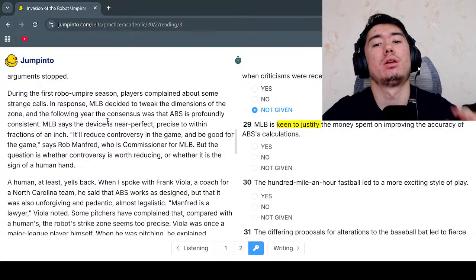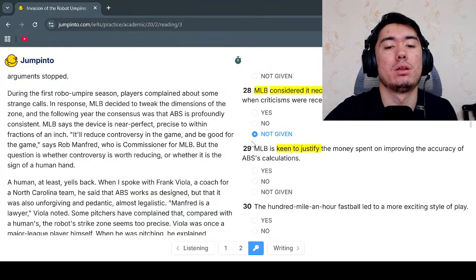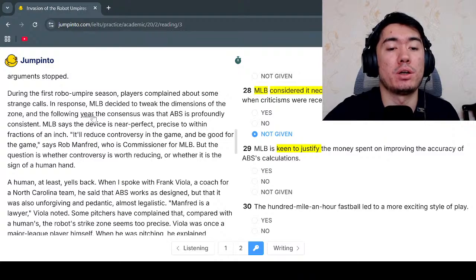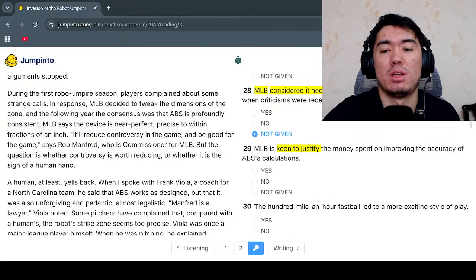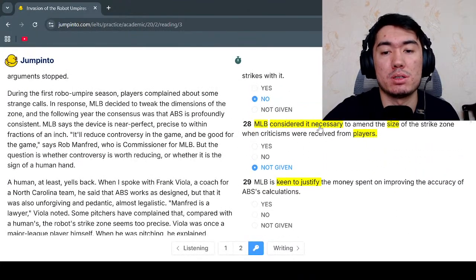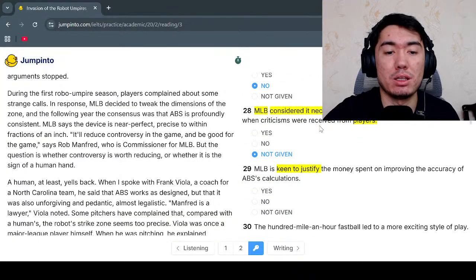Wait, I'm an idiot. And the following year, the consensus was that it is profoundly consistent. In response to the complaints by players, yeah, you know what the problem was? My intelligence.